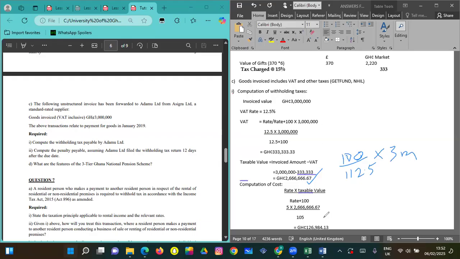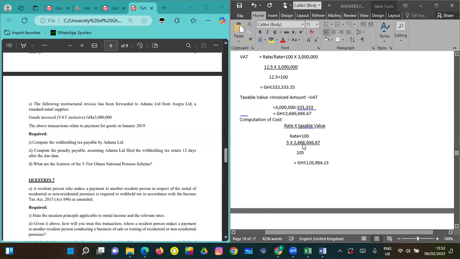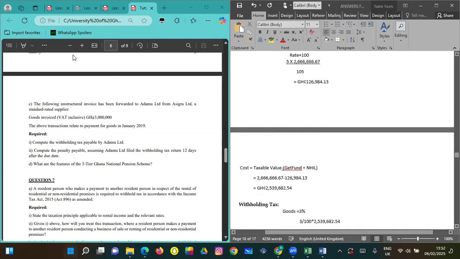Then, if you also want to get this one straight without going through this one by one process, it is also going to be 100 over 105, which is the GETFund, which is 2.5%, plus the NHIL, which is 2.5%, times the same amount, which is 2,666,666.67, right?